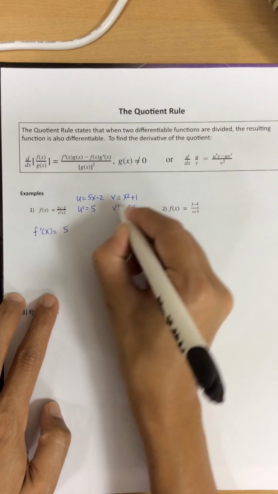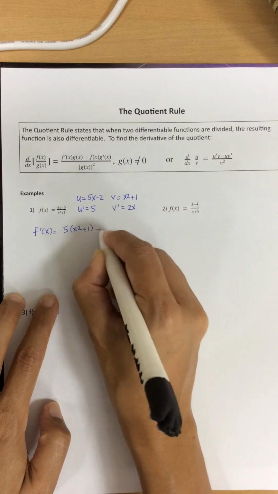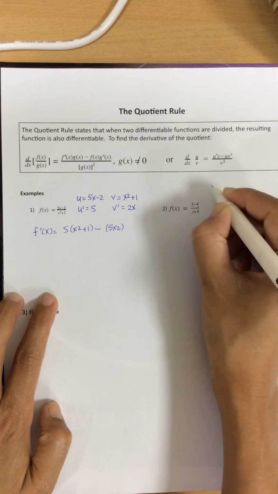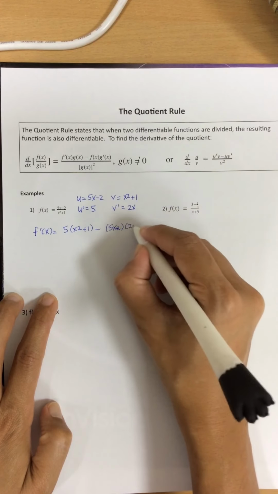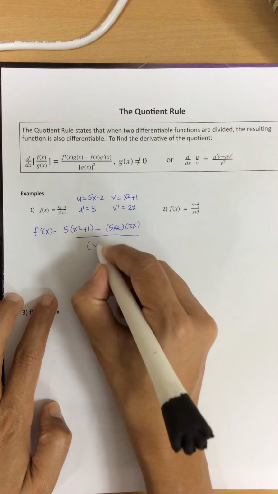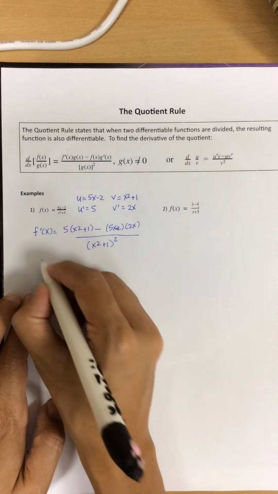U prime is 5, v is x squared plus 1, minus u, which is 5x minus 2, times v prime, well that's 2x, all over the original function v squared.